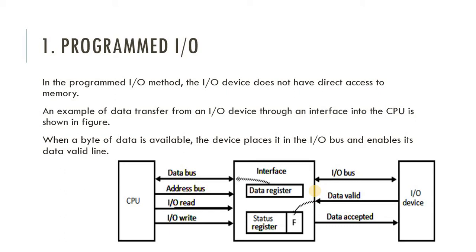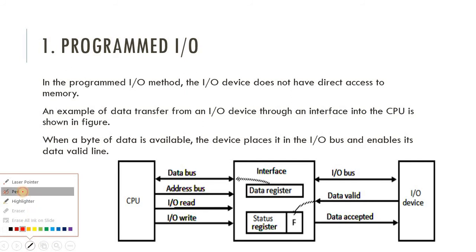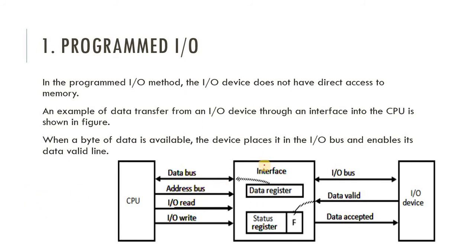In this figure, this is the CPU, this is an IO device, it can be anything, keyboard, monitor, etc. This is the input output interface in between the CPU and the IO device. We already know that there are three types of bus: the address bus, data bus, and control bus.